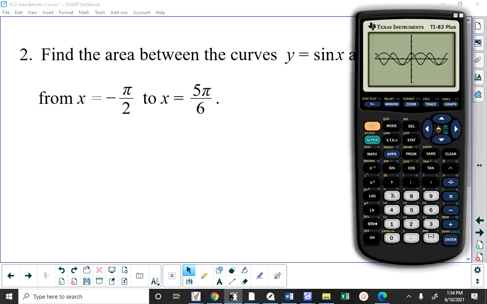I'm going to go into my window settings now and start at negative pi over 2 and go to 5 pi over 6. I'm also going to play around with the other window settings a little bit for vertical to spread it out a bit. I'm going to go from negative 2 to 2 just to widen it vertically.